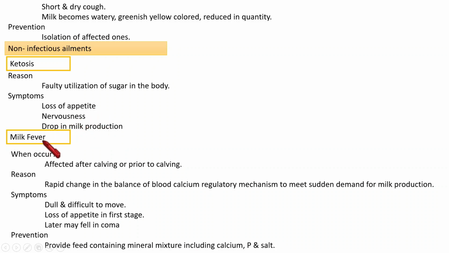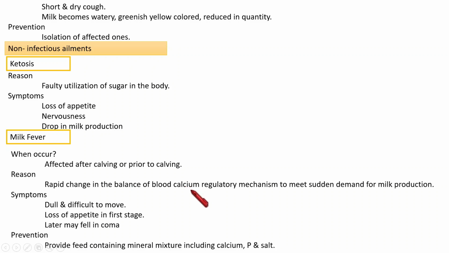Then the last one, milk fever. When will it happen? When the cow is going to have a calf, or after calving, this disease will develop. What is the reason? It is because of a change in the blood calcium level.